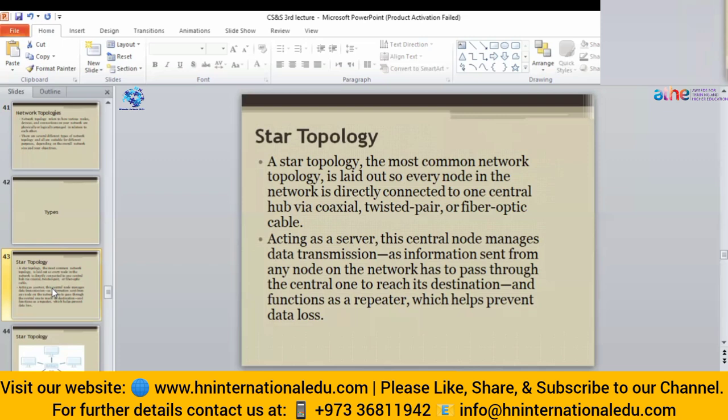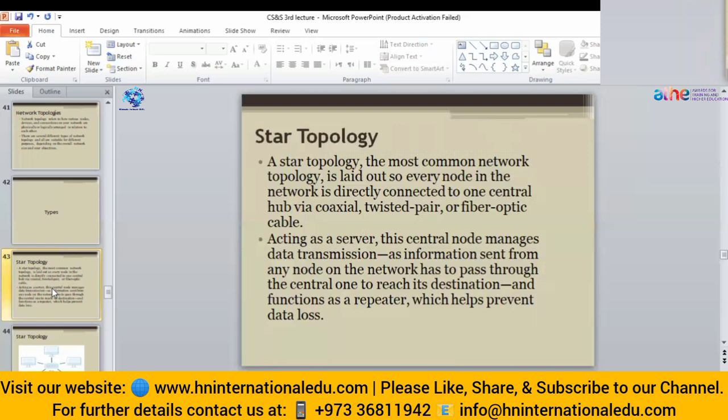So the star topology, the most common network topology, is laid out so every node in the network is directly connected to the central hub by using coaxial, twisted pair, or fiber optic cable. Acting as a server, the central device manages data transmission, as information sent from any node on the network has to pass through the central one to reach its destination.